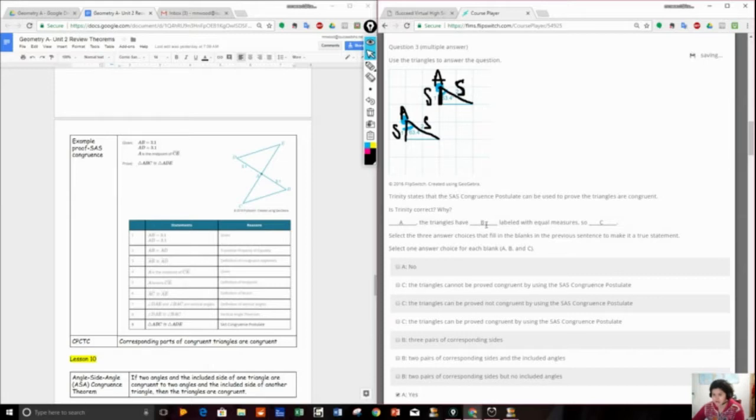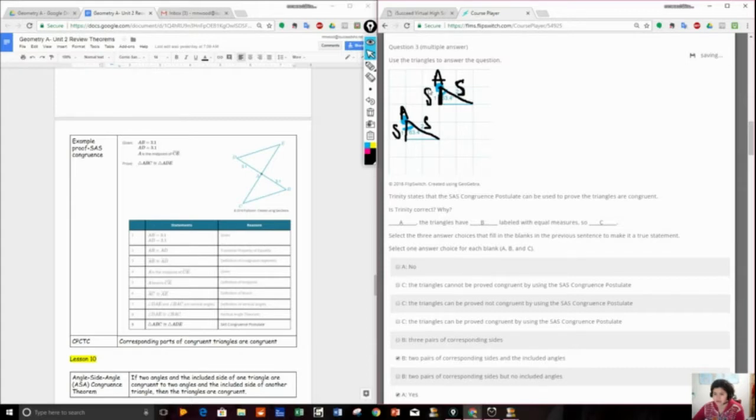The triangles have blank labeled with equal measures. So blank. Okay, so B: 3 pairs of corresponding sides, or 2 pairs of corresponding sides and the included angles, or 2 pairs of corresponding sides but no included angles. Well, for the side angle side, we have to have the included angle. So 2 pairs of corresponding sides.